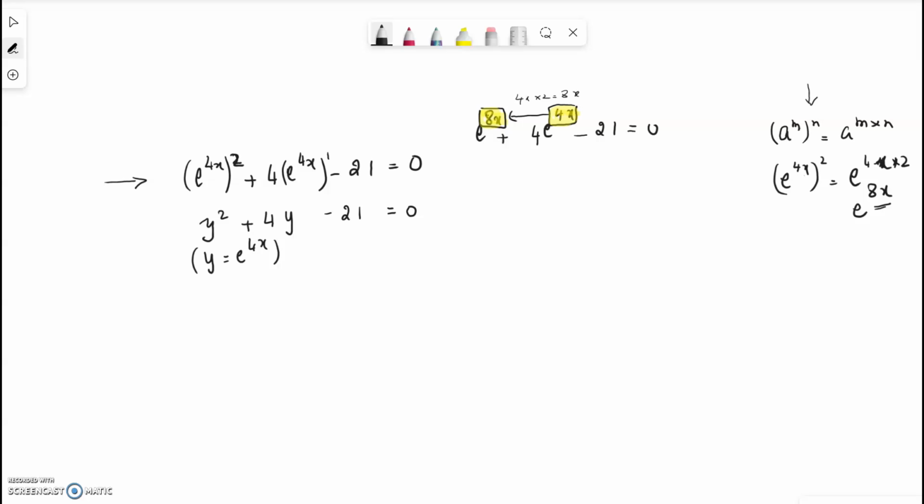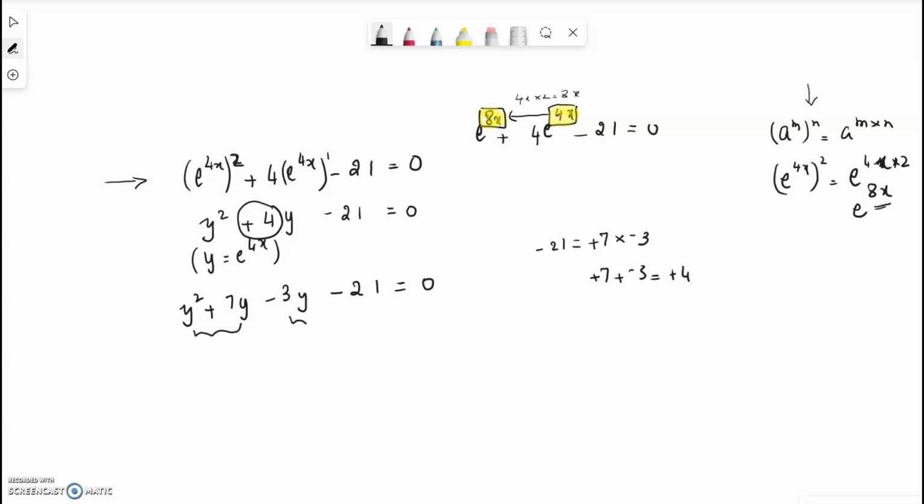We can try to solve it by factoring. So negative 21 is positive 7 times negative 3, and positive 7 plus negative 3 is equal to positive 4. So that's going to work. y squared plus 7y minus 3y minus 21 equals 0.